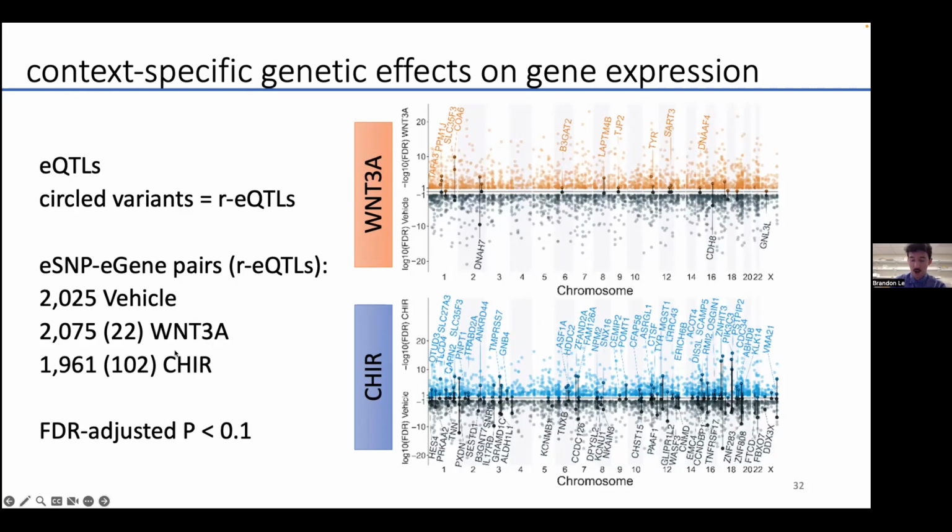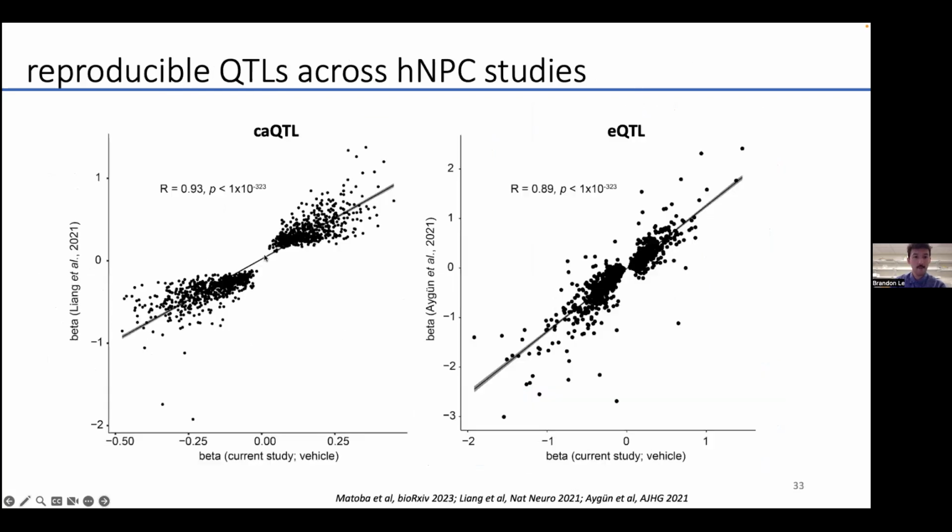I know these Miami plots are not super informative, but let's dive into what we can gain from these context-specific approaches. Before I do, I just want to make sure that we are confident that these genetic effects are real and robust. So one thing we did is check whether we were reproducing effect sizes for each SNP compared to previous studies in the lab.